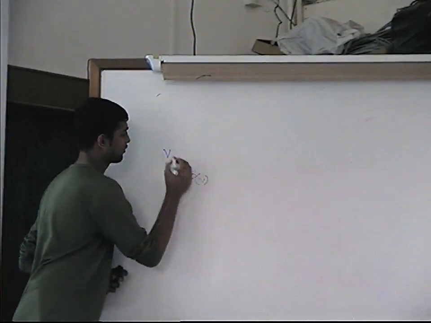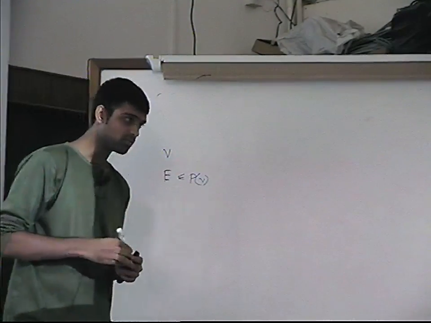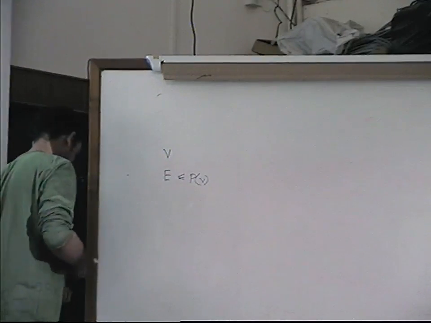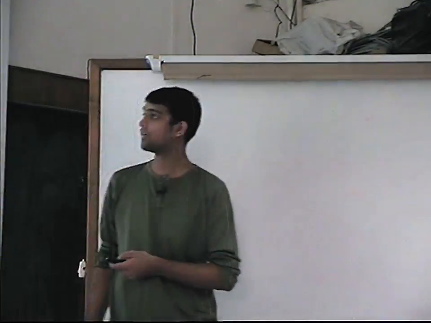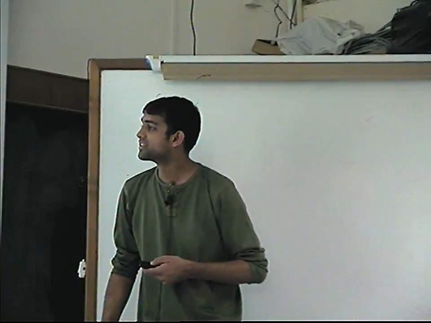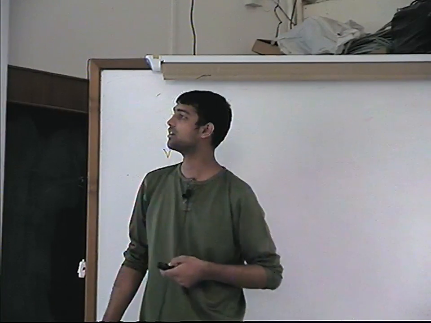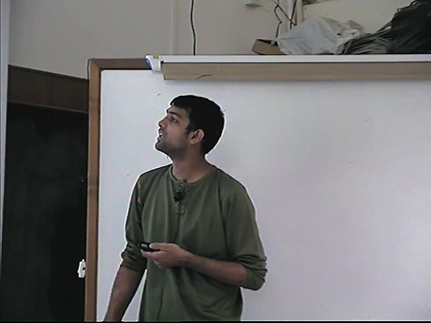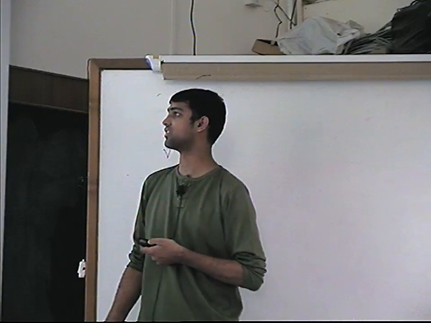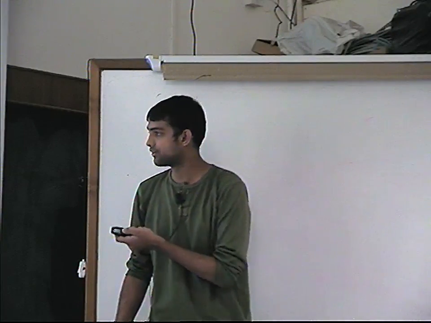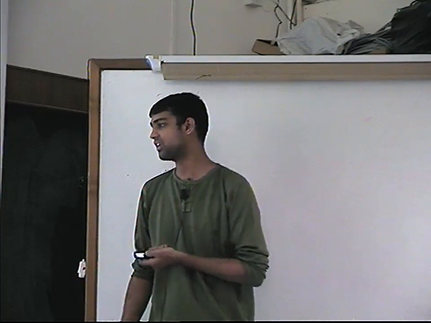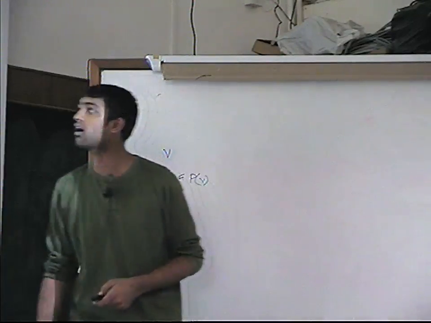Power set being the set of all subsets of the vertices, right? For example, this would be a hypergraph where my set of vertices are V1 to V7, and E1 is an edge which contains V1 to V3, E2 contains V2 and V3, E3 contains V3, V5 and V6, similarly E4, and V7 is not present in anything.